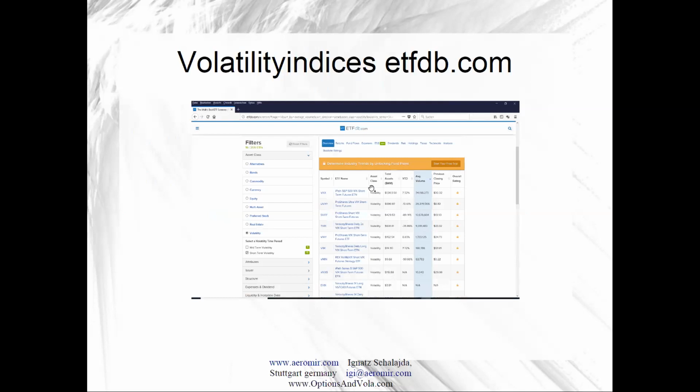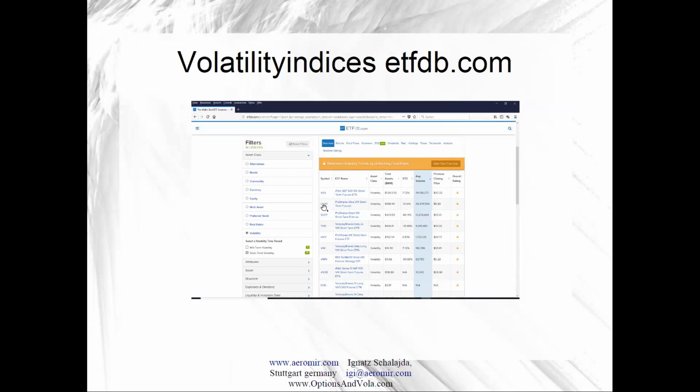And here you see the average volume of the VXX is pretty high, and the total assets are really the biggest asset of all volatility products. So to trade VXX is choice number one.